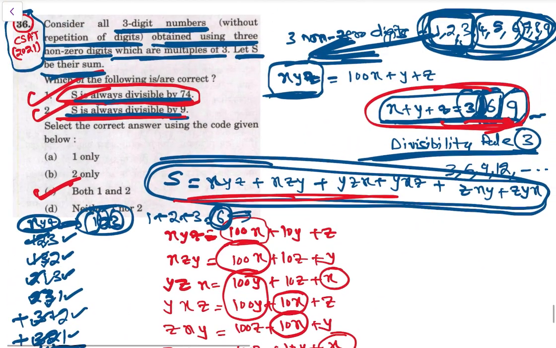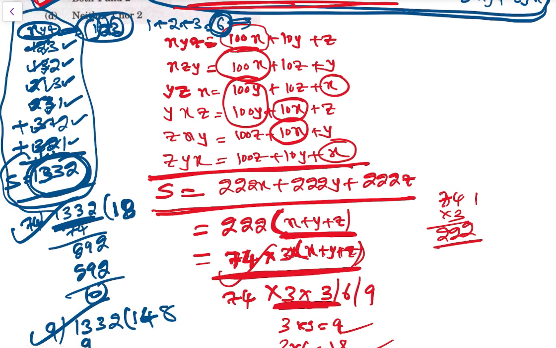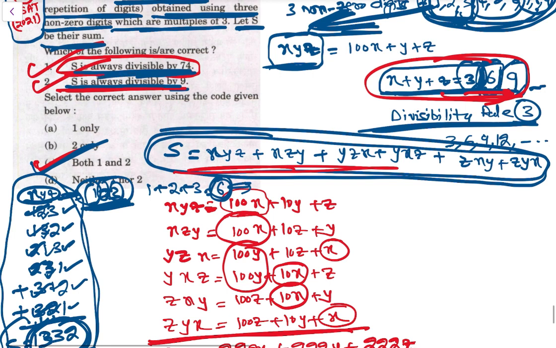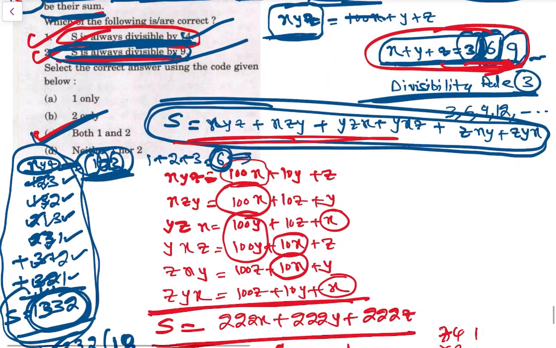So the number s, that is the sum of all the numbers formed by x y z, which are multiples of 3, that would be divisible by 74 and 9 also. ठीक है, so ये theoretical way में करने का, ये examples के साथ कर सकता है.